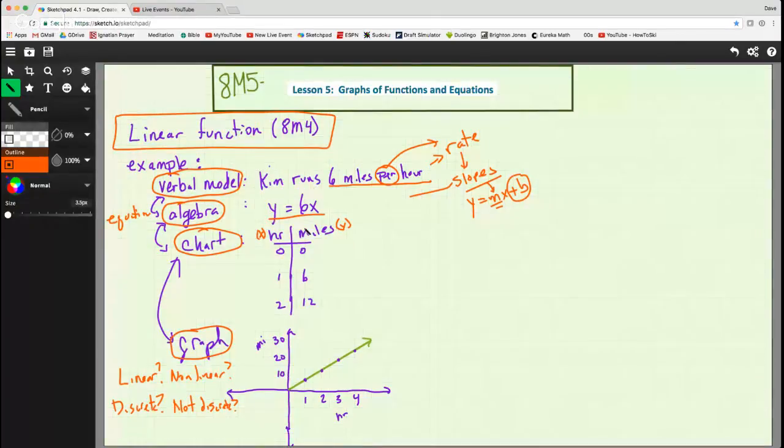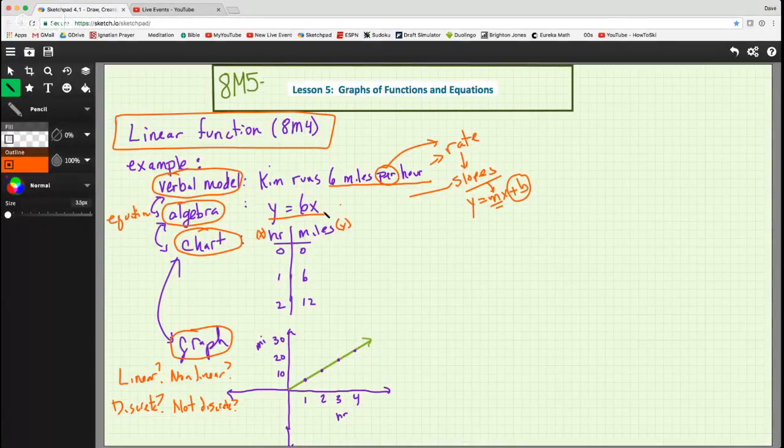Now, how far did Kim go in half an hour? Well, if she's running this distance, in half an hour she went some distance, and that turns out to be 3. And she ran somewhere in 1.1, 1.2, 1.3. She didn't just magically appear an hour later, 6 miles down the road, or in 2 hours, 12 miles down the road.